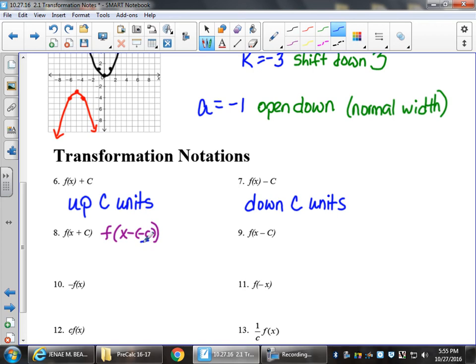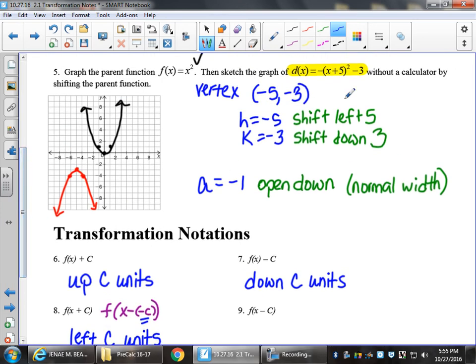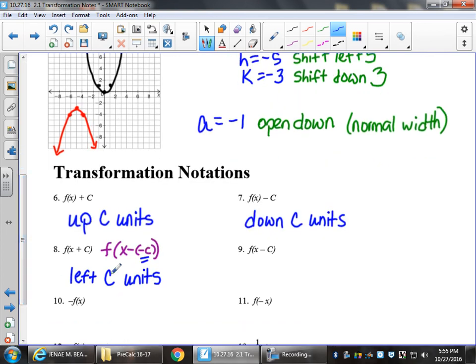So because we're really dealing with this, that's how we know it's a shift left C units. For example, when I saw x plus 5, h was -5, it was a shift left 5. So left C units when I see plus C on the inside. In contrast, if I see x minus C, we know that that will be a shift right C units.